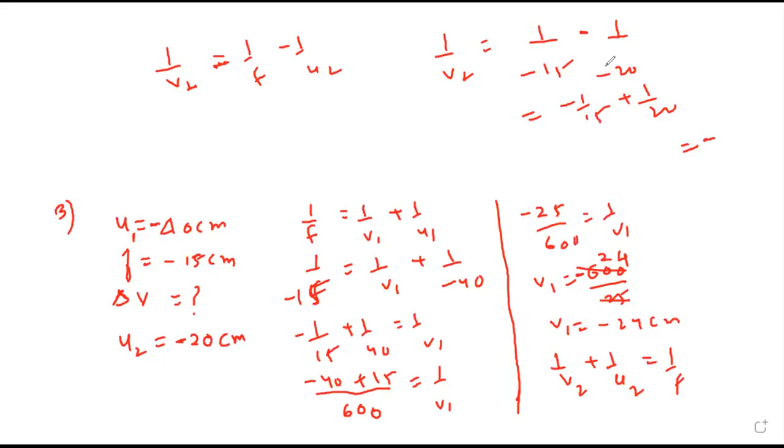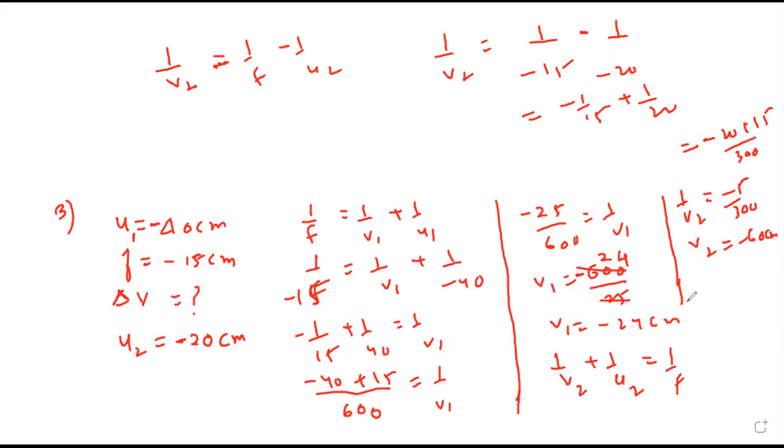So minus 20 plus 15 upon 300. So 1 upon V2 is minus 5 upon 300. Therefore V2 will be minus 60 centimeters.